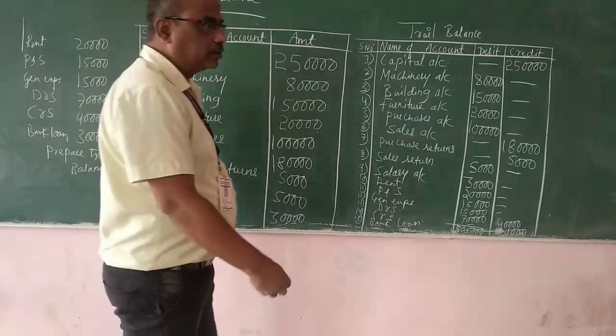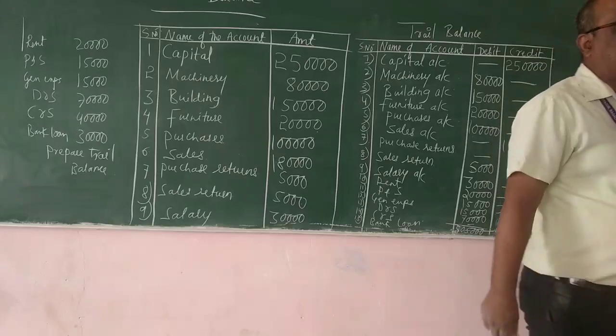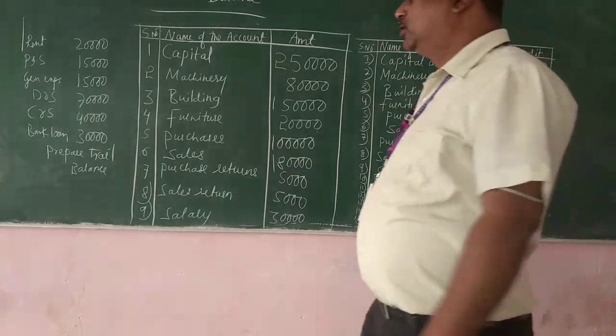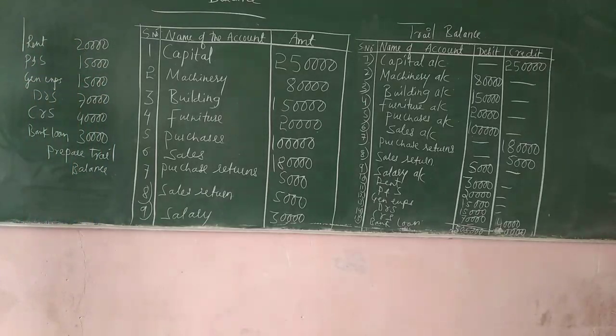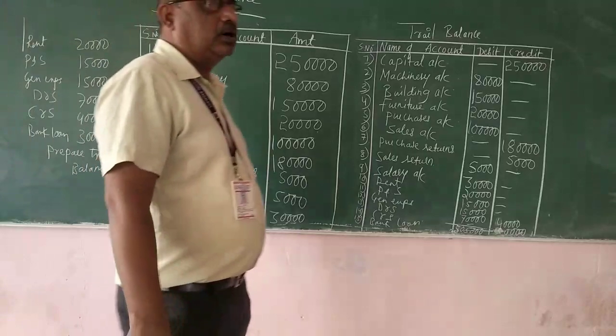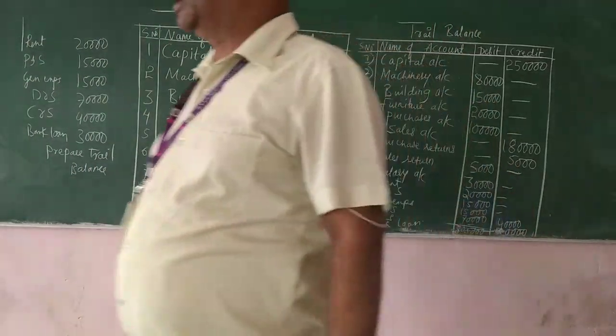The general rule, as I have discussed, is that liabilities, capital and incomes will always be credited, and assets, expenses and losses will always be debited. Applying these rules, you can prepare the trial balance.